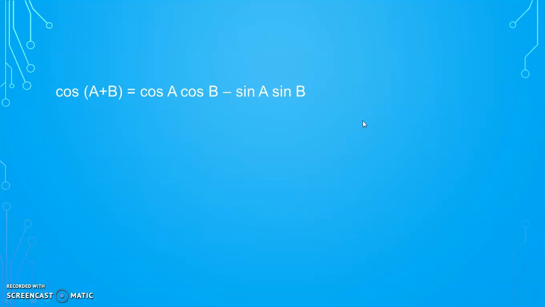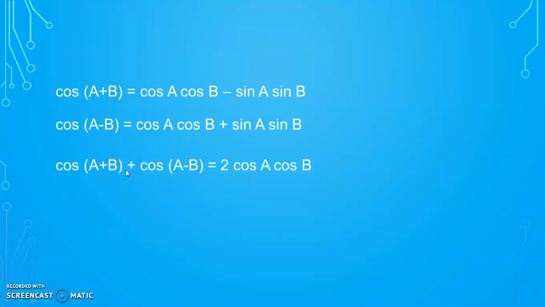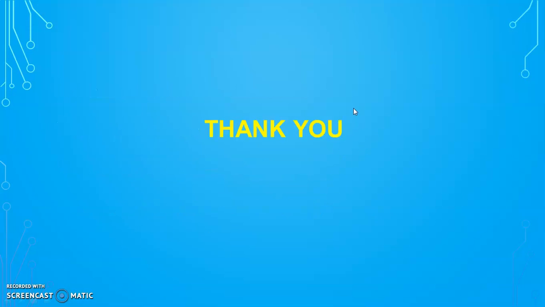And if you learn the cos(A+B) and cos(A−B) formulas, you can also write cos(A+B) plus cos(A−B) and cos(A+B) minus cos(A−B). It is very simple to learn those six formulas. They are very easy to learn and easy to memorize.